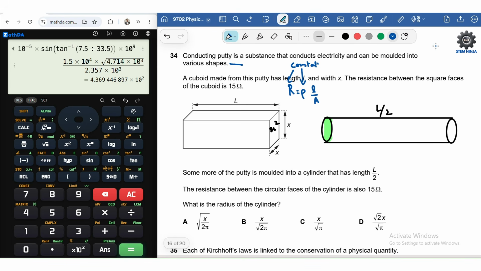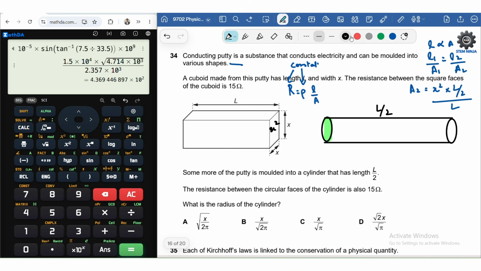So L is proportional to A, in fact. So you could use L1 over A1 equals L2 over A2. First we need to find A2. So A2 would be A1 times L2 divided by L1, where L2 is L over 2 and L1 is just L.